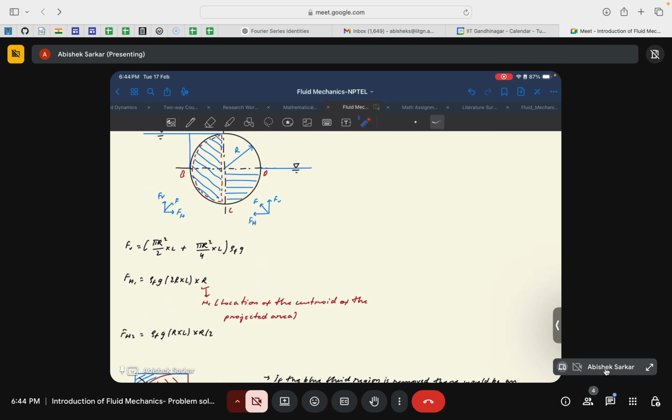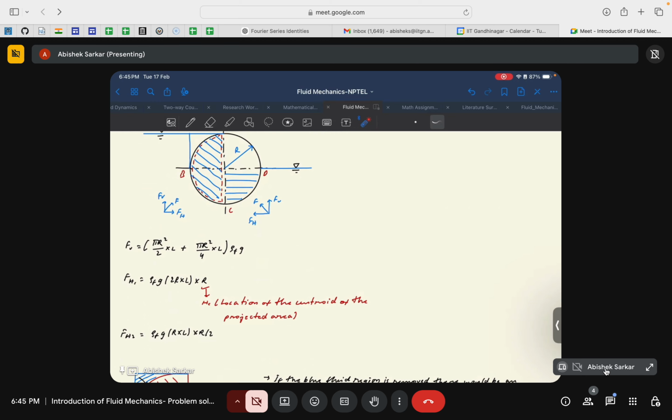The volume of the fluid contained within this half of the cylinder would be pi r square L by 2. Simple enough, right? If the volume of the entire cylinder is pi r square L, then for this half cylinder it would be pi r square L by 2.